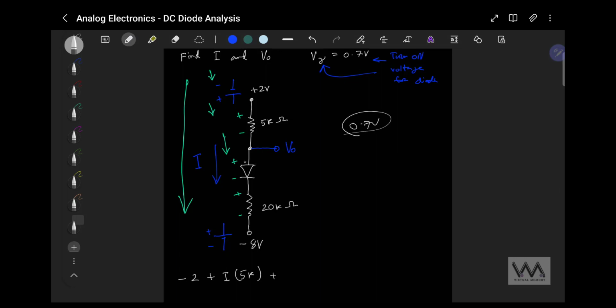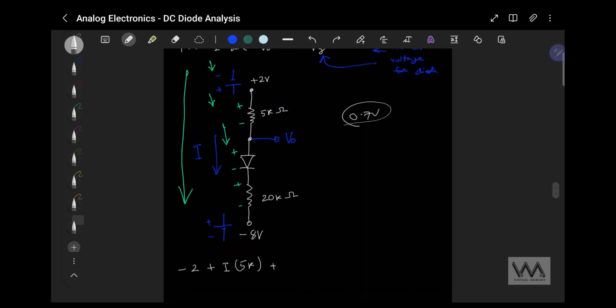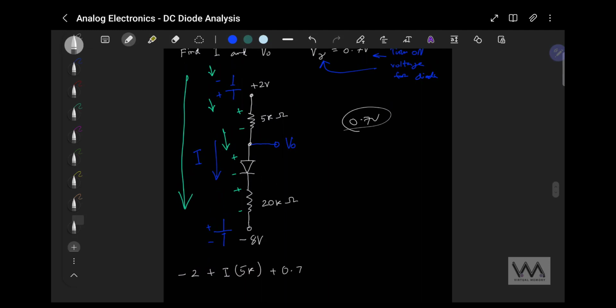So the voltage drop in this diode is basically 0.7 volt. So we can write plus 0.7 volt. Then we enter the positive terminal in this 20K resistor. So we have plus I times 20K. And then we enter the positive side of this negative 8 voltage source. So we have plus negative 8. And all of these equal 0, which is basically KVL.